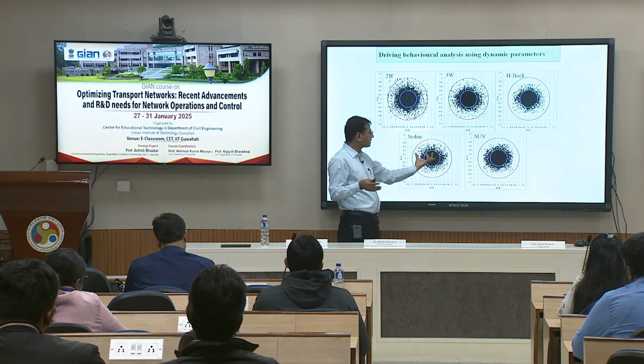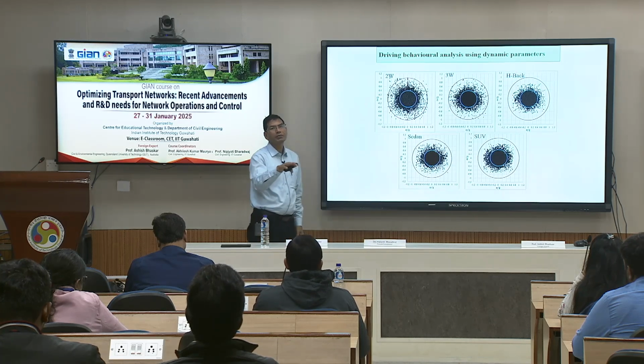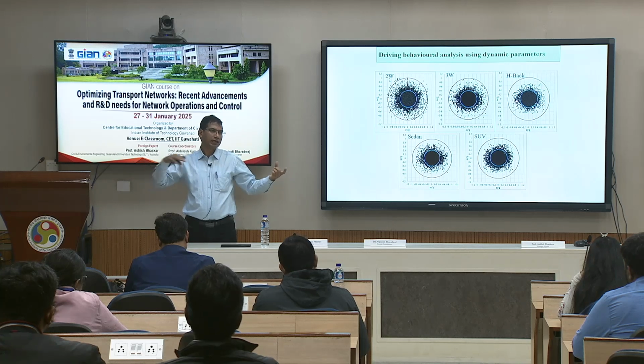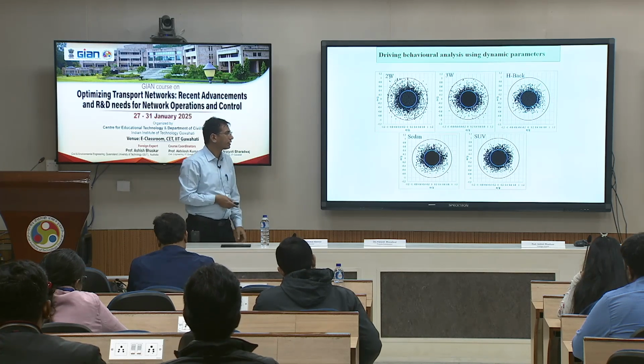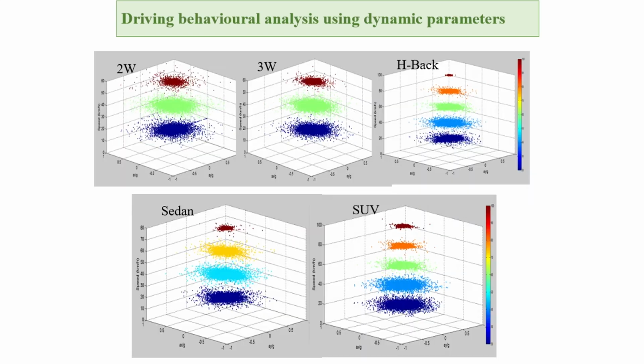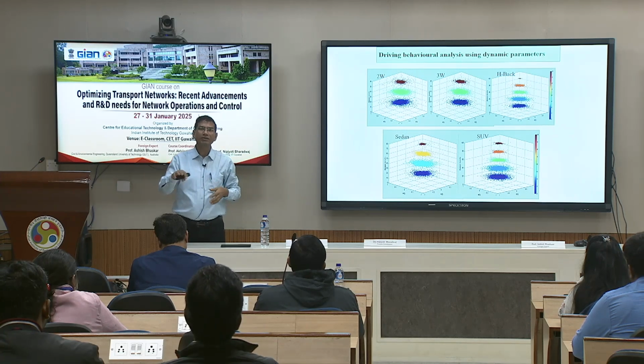If you do this lane-based, most of the data might be within the circle because they don't do serpentine motion, but in this case you keep seeing that even on mid-block roads they do significant lateral movement. In the two-wheeler case it is more than 3%. This circle diameter keeps decreasing at higher speed, which means that at higher speed you do less serpentine motion, and at lower speed you do a lot of serpentine motion.